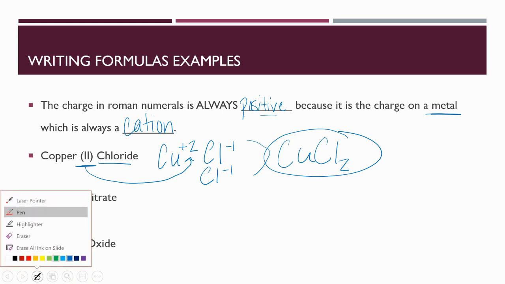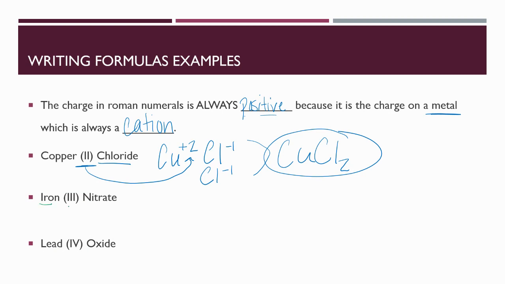Let's try another example. Iron 3 nitrate. Iron is Fe. This 3 here tells me that it has a charge of +3. And then nitrate is actually a polyatomic ion, so you want to go look at that polyatomic ion list. That -ate ending gives you a hint that's where you should look. I'm going to go ahead and preemptively put parentheses around that NO3 because I know I'm probably going to need more than one of those.